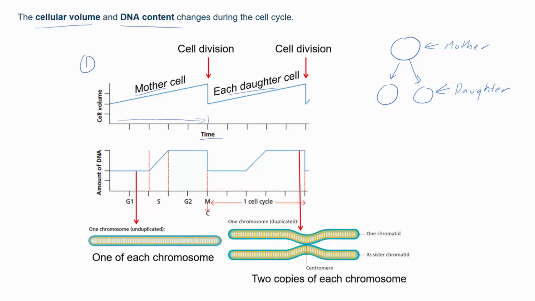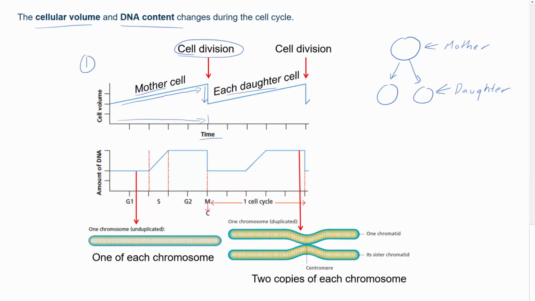And as you can see, there is a steady increase in the cell volume over this period of time through interphase and mitosis. And then finally, as cytokinesis occurs and cells divide, there is a decrease in the cell volume. And this makes sense.